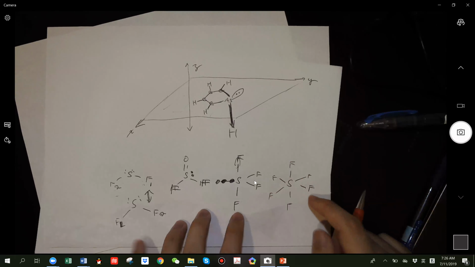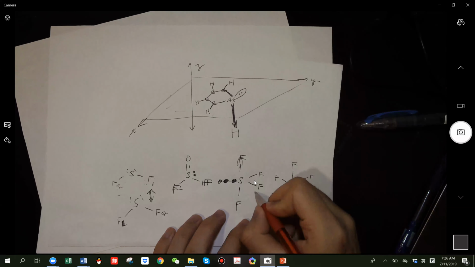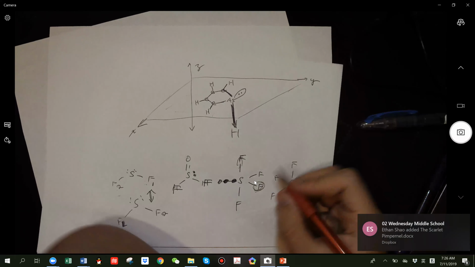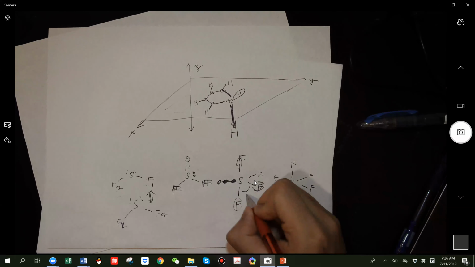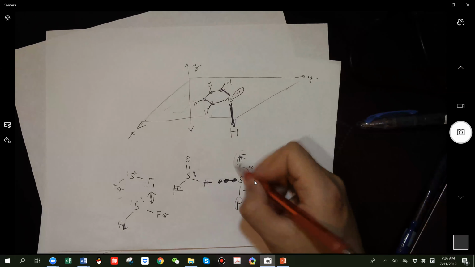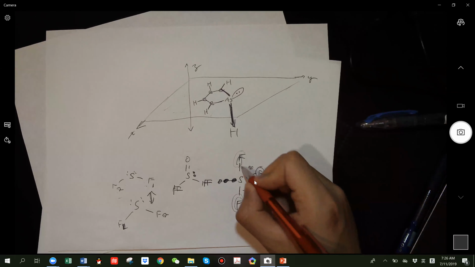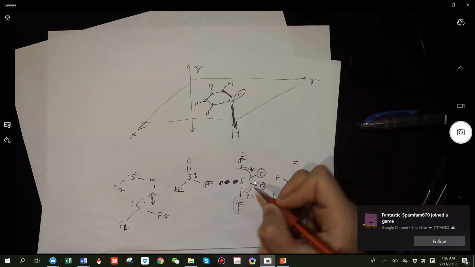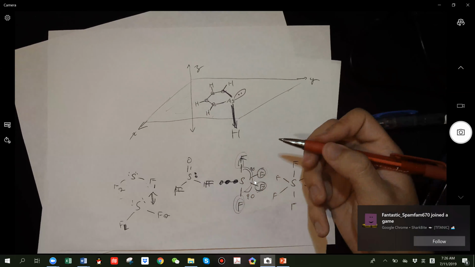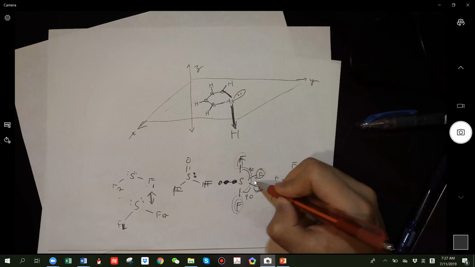Here is a little different, right? So let's see. This atom is 90 degrees away from this one and 90 degrees away from this one. So it's quite close to these two atoms. And the same goes for this atom. It's also 90 degrees away and 90 degrees away, and it's 120 degrees away from this one.